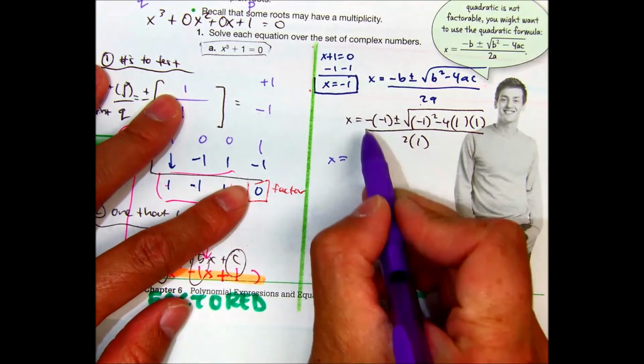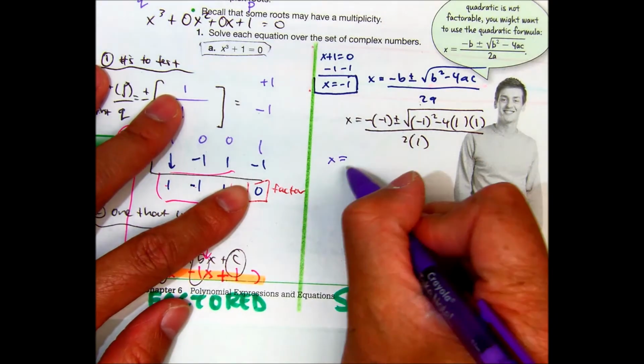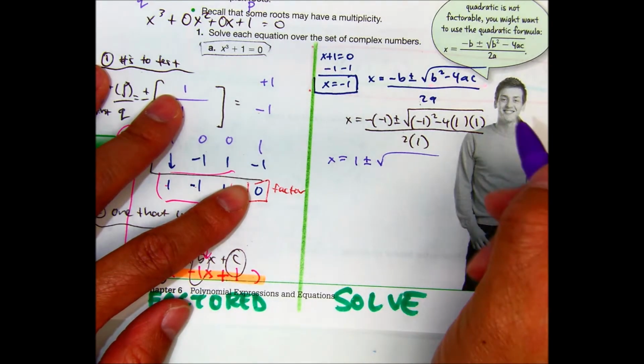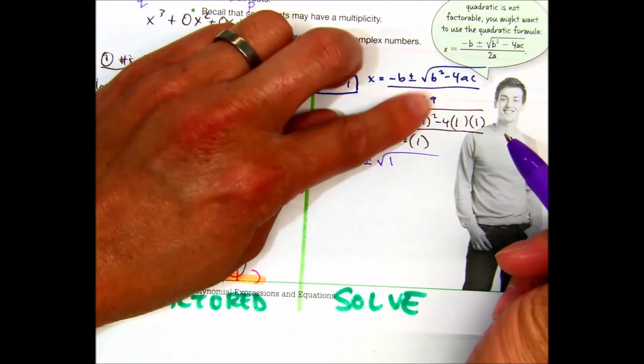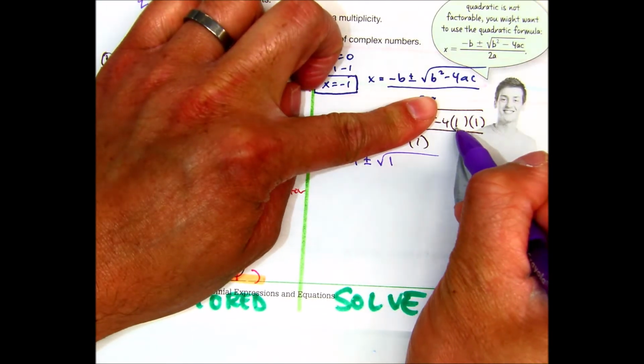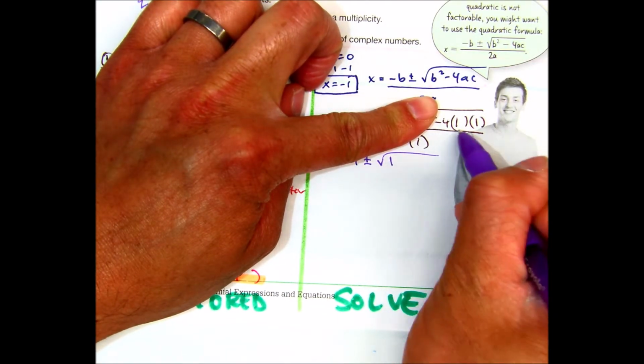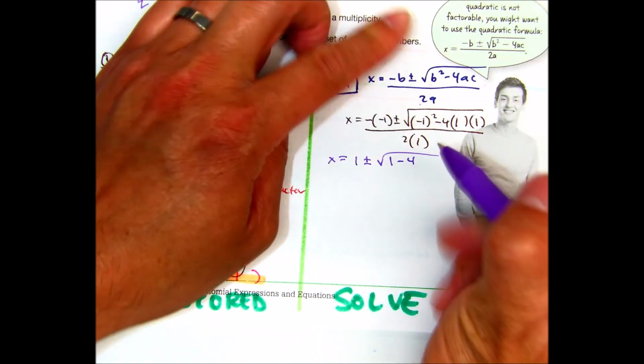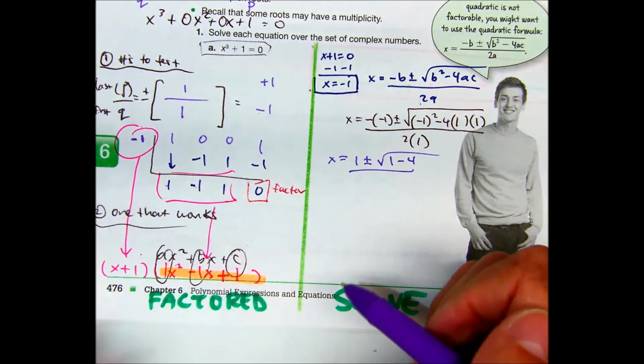Rudy, what's the opposite of -1? Rudy, -1 squared. Rudy, -4 times 1 and -4 times 1 and 2 times 1. 2.